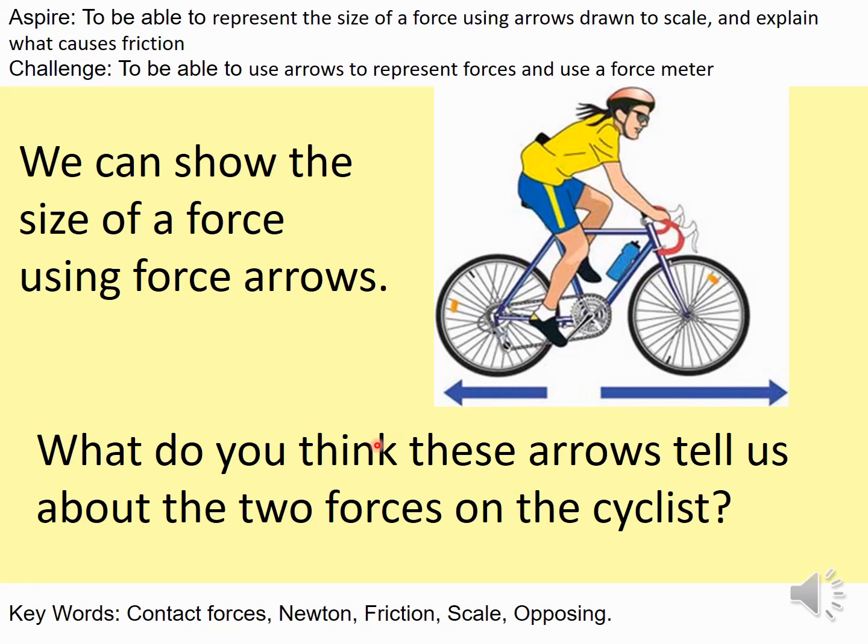So from this diagram, this tells me that this cyclist here is accelerating or getting quicker. Now, I wonder if you could think for a second what it would mean if the size of these two arrows was exactly the same.